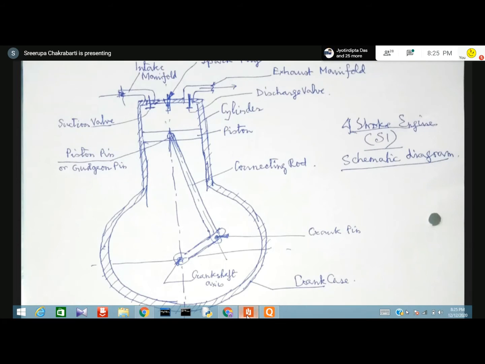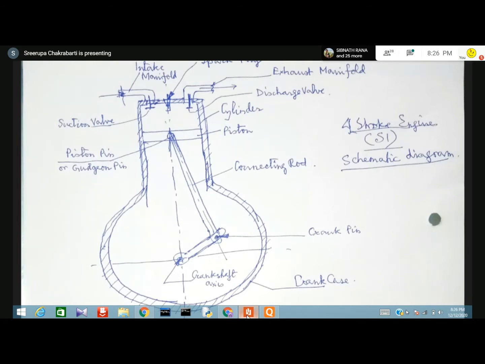For that, we want the gas which is on the top side of the piston, between the piston and the cylinder head. That is the portion where some gas is entrapped. Why is it entrapped? Because the valves are not open when the gas is entrapped; the valves are closed.